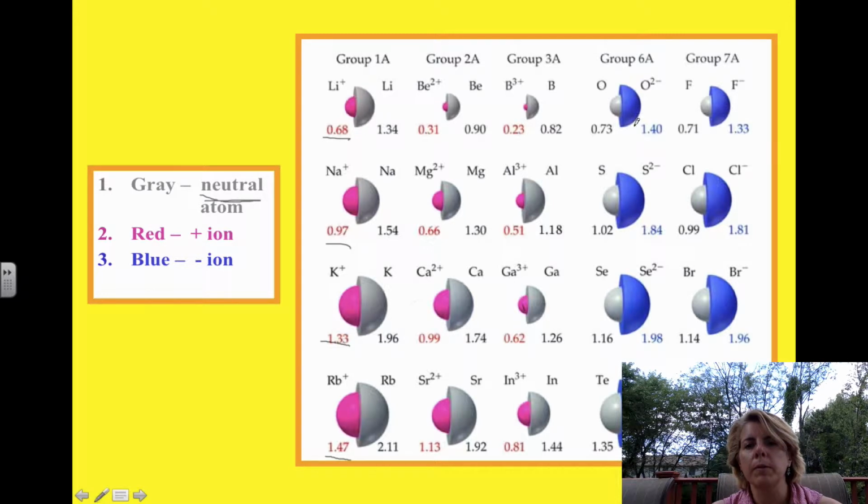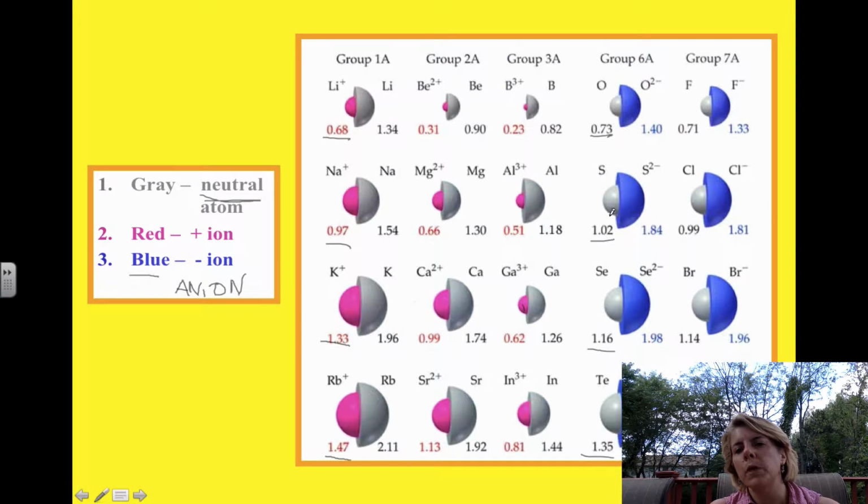Now the opposite happens with anion formation. The blue is essentially anion formation. When you're looking at anions, you're adding another layer of electrons. Notice that the neutral atom is in gray, and it's smaller than the anion. That makes sense because we're adding electrons.